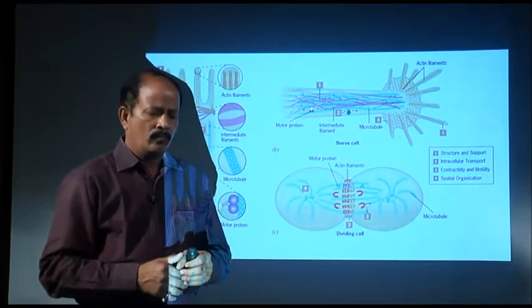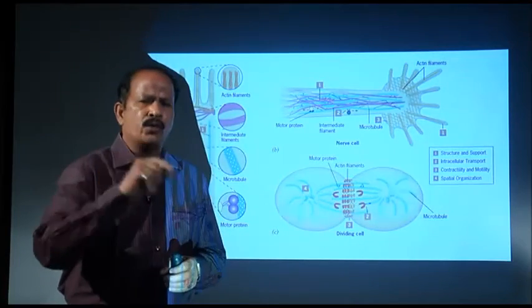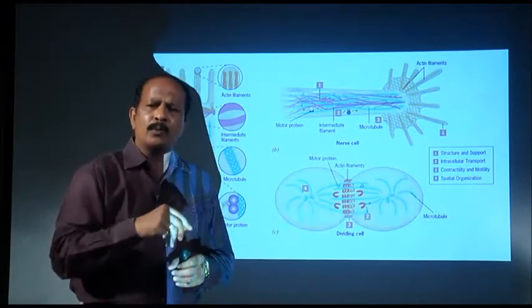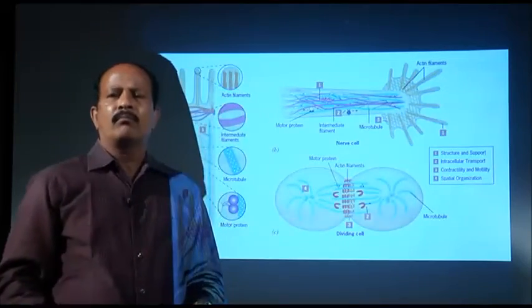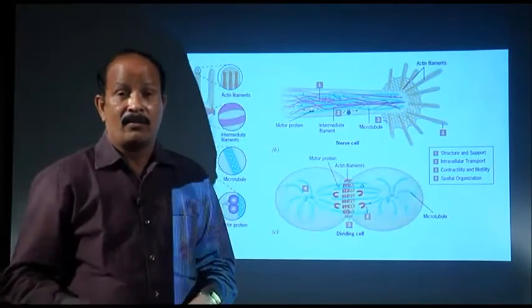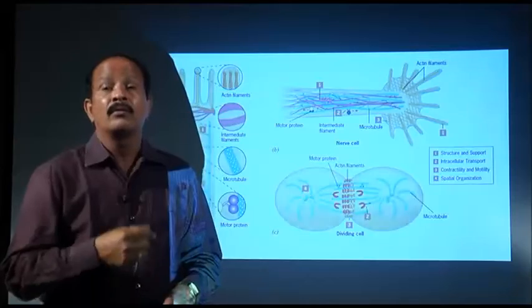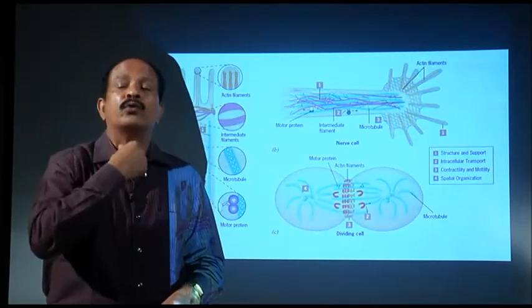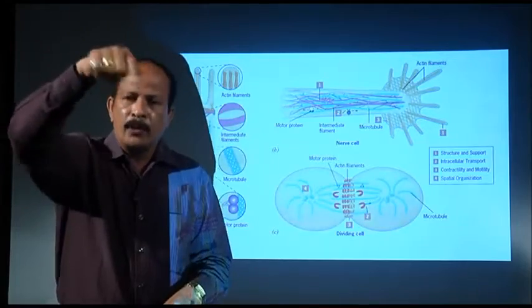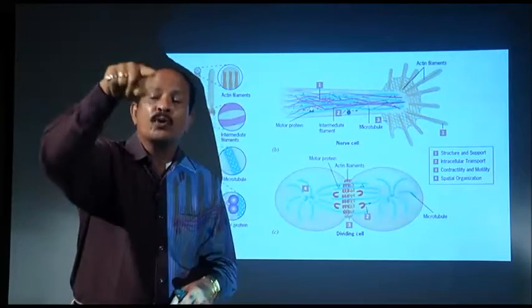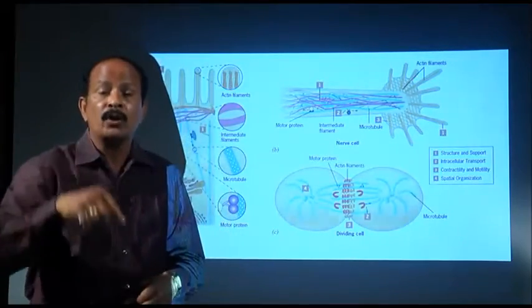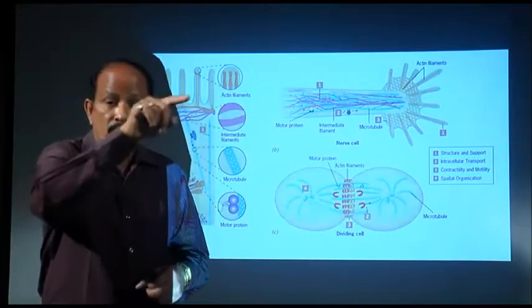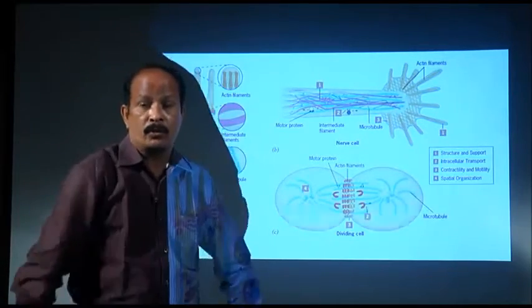Similarly, if I ask you how many types of cells in my body there are, retina cells are there, tongue cells are there, epithelial cells in the gut, the brush border epithelium, RBC, you might have seen the structure of RBC.